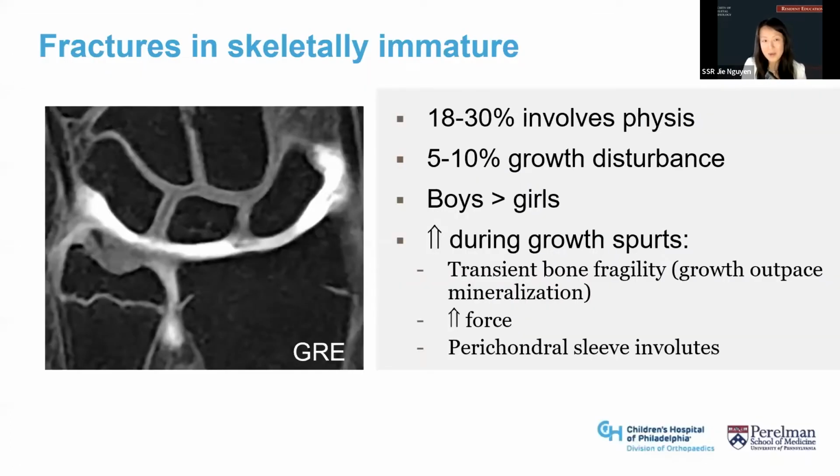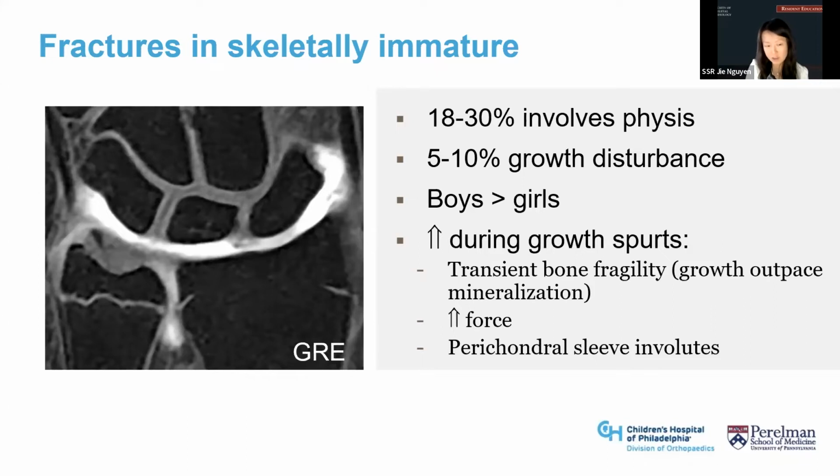So when skeletally immature patients suffer a fracture, 18 to 30% involves the growth plate, right? Because they have growth plates everywhere. Of those that involve the growth plate, only 5 to 10% results in a growth disturbance. Of course, it happens more with boys than girls.